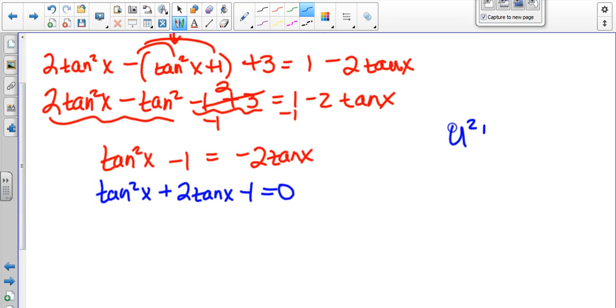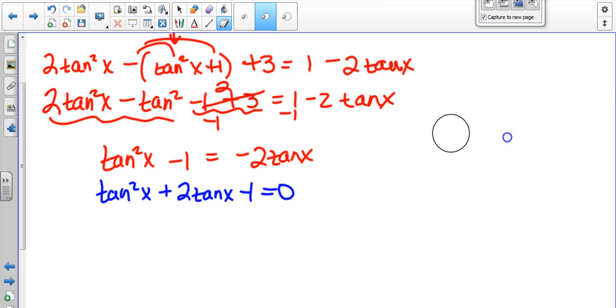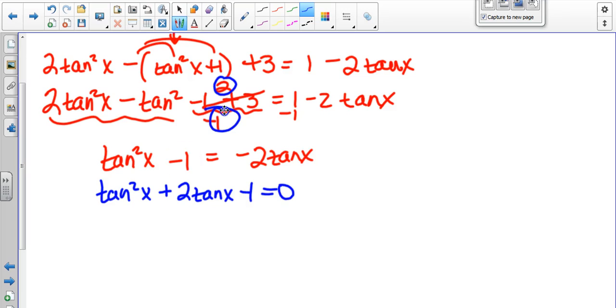But it's like it says u squared plus 2u minus 1. What did I do wrong, Josh? Right here. Yes, I think I copied this. Did I copy? Yes. It was this 2 minus 1. This should be a plus 1.